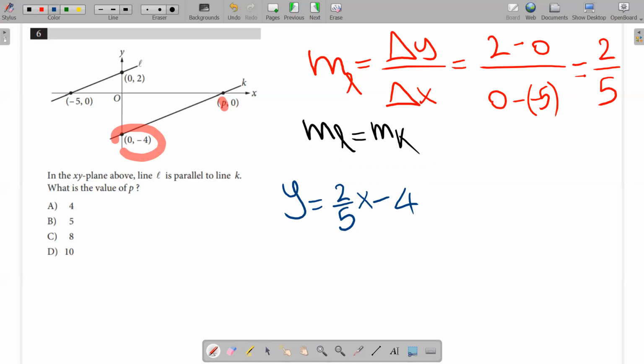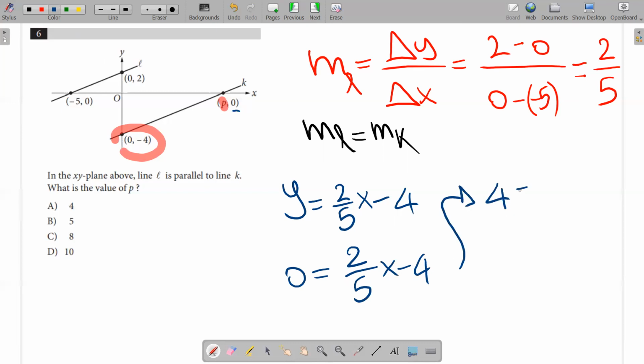P is an x-intercept. In fact, we have y equal to 0 here. So we solve for y equal to 0. Now we move the -4 to the other side, and we get 4 equals 2 over 5x.